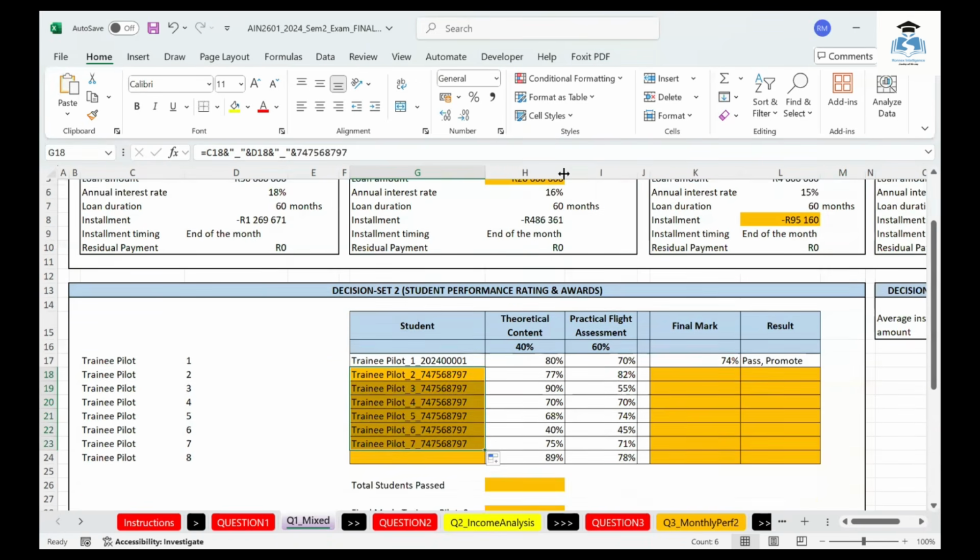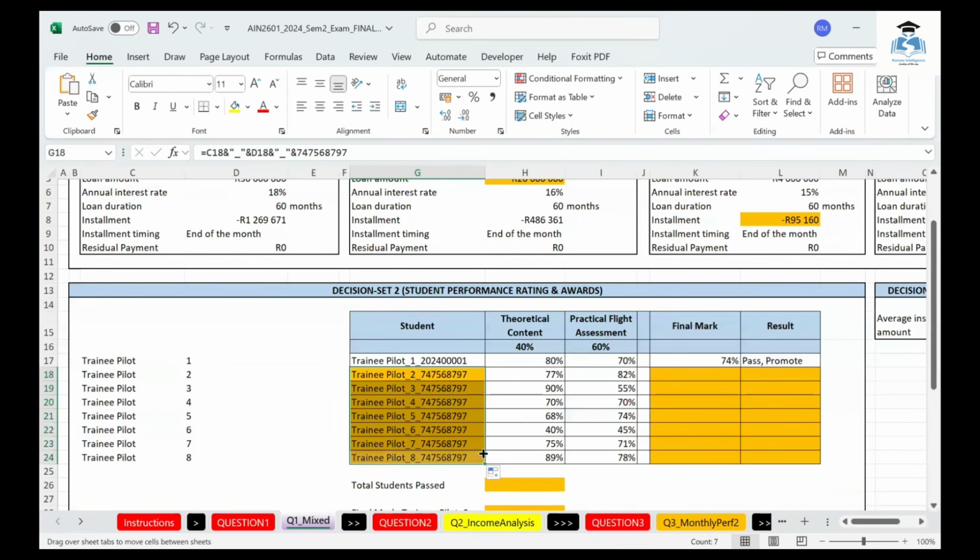This is what they want you to do. You drag down, then trainee pilot 3, then there's your student number, and it goes on like this. If you don't put your student number, then you will get 0 on this one. So pay attention to that.